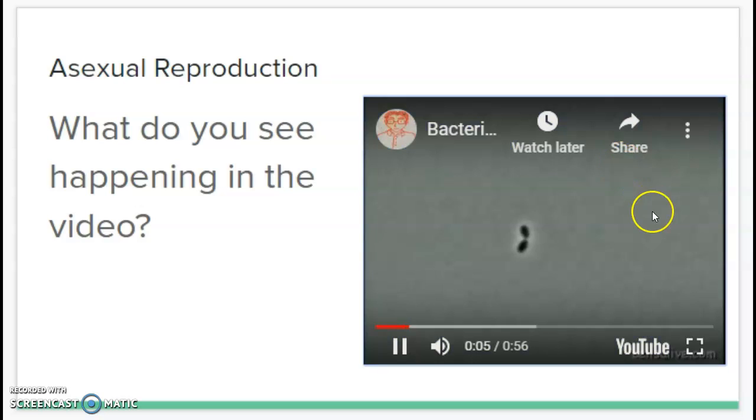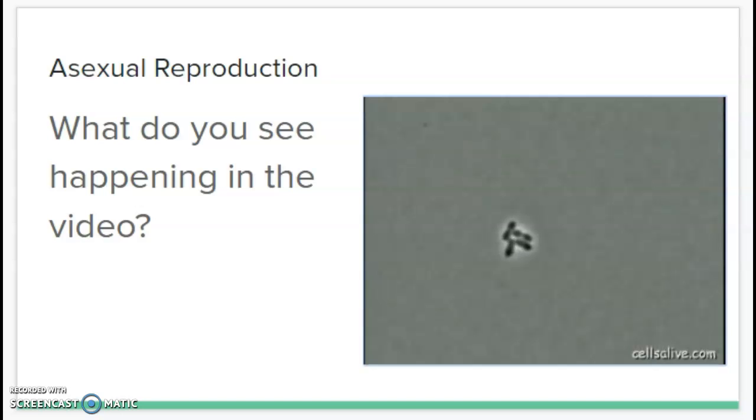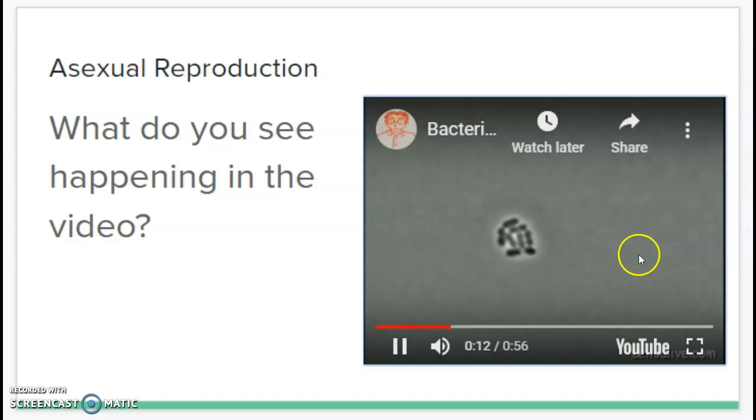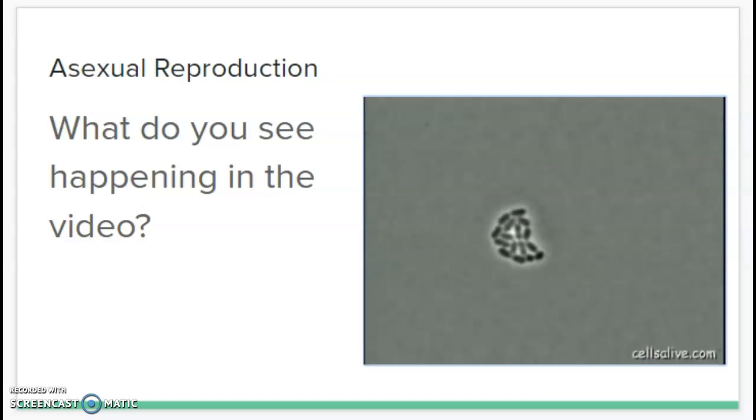So Streptococcus, this is a type of bacteria. You notice you start with 2, become 4, and then watch what happens over time.